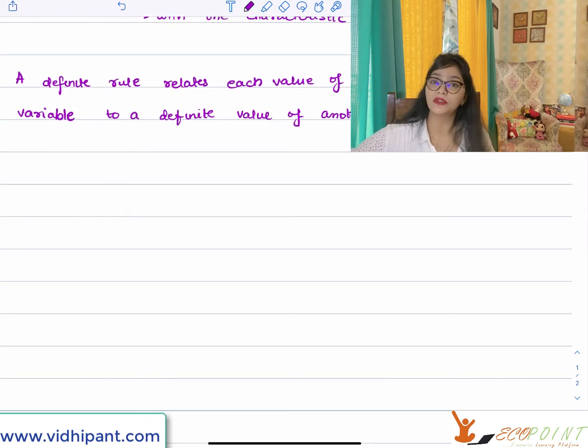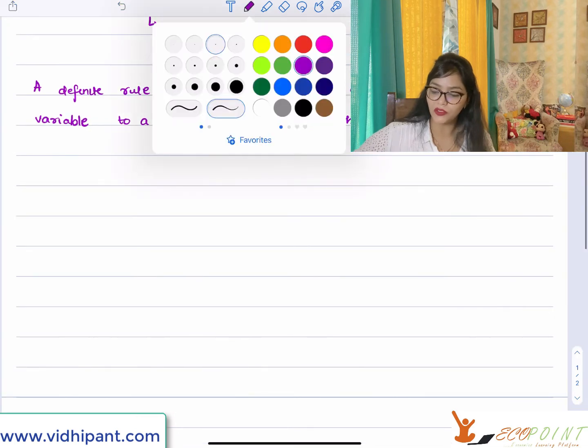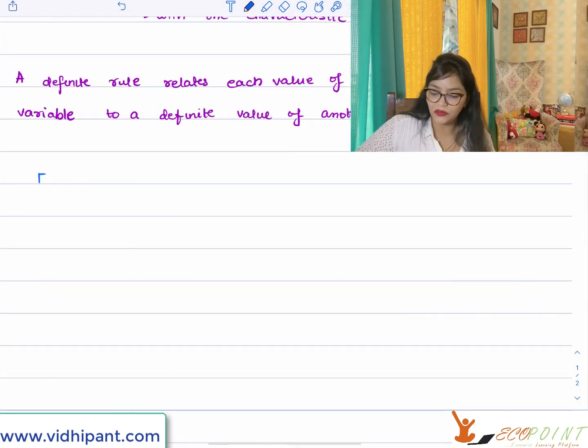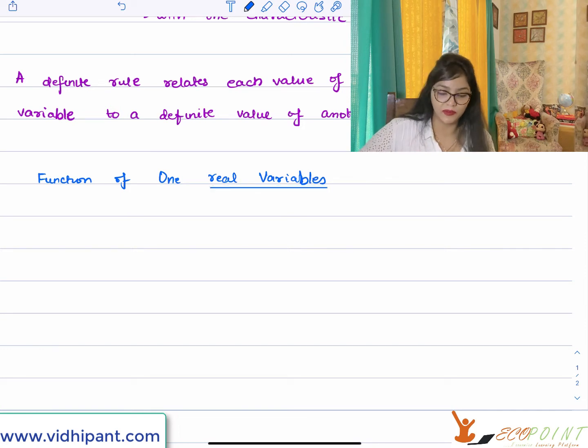So let me now define formally what a function of one variable is. We'll be talking about real functions here, functions of a real variable.